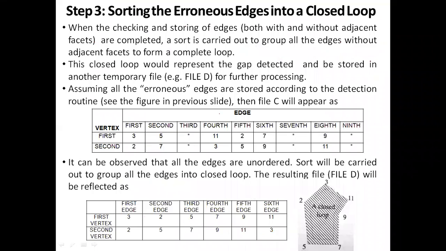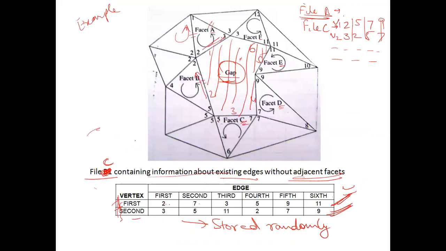Next, what I do is I shift to file B1. And file B1 is all those edges which do not have the information of the corresponding edge. So now if I go back, the first edge that was missing was 2, 3. So the information that is missing is 3, 2.